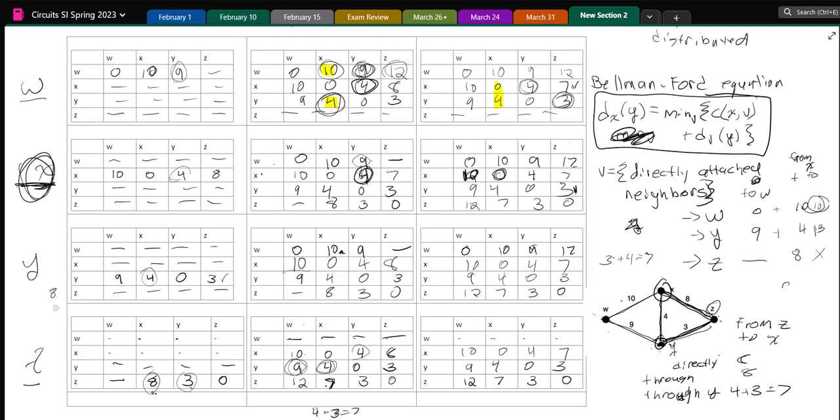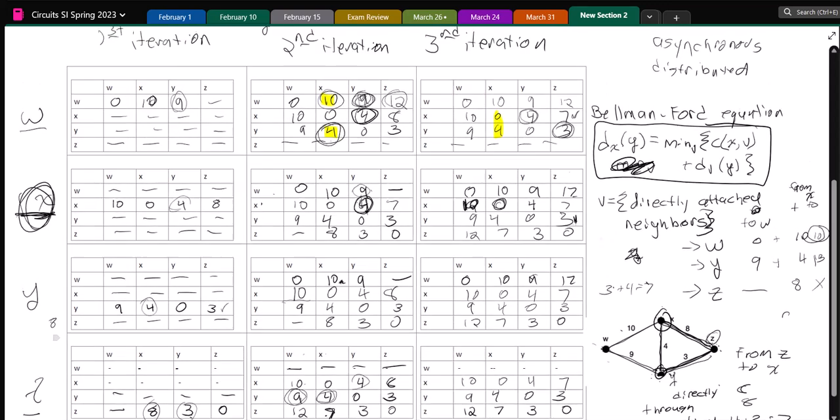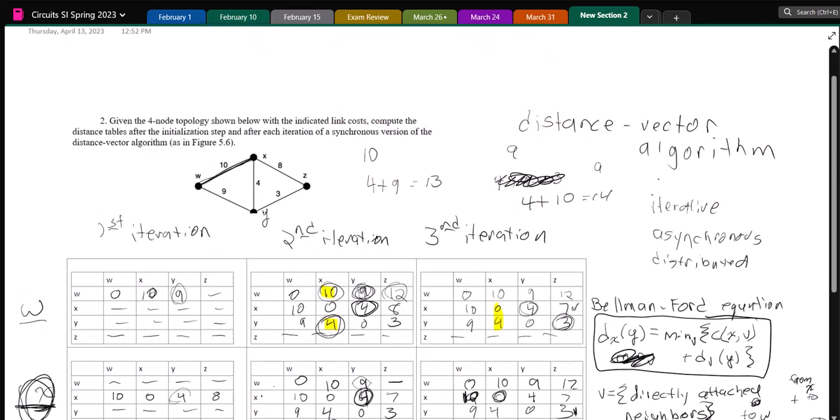So there was not a whole lot of change in this one. Since none of the distance vectors changed, we were done. If you look at the homework that we did for this year, there were more changes, so that will give you some more practice with that.